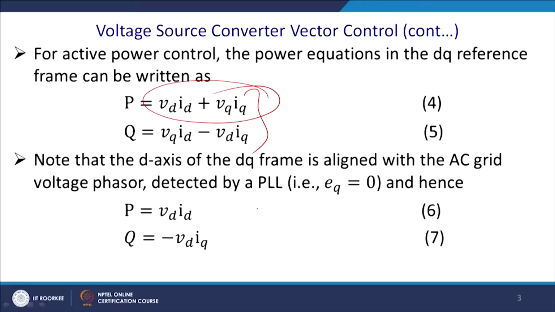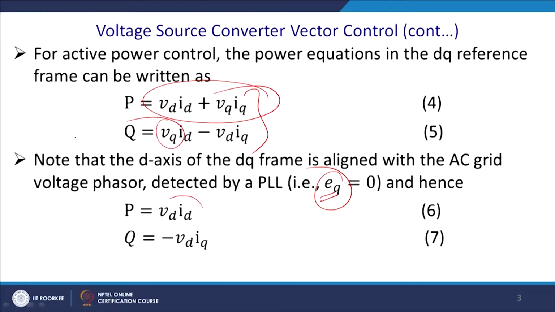So, if you are feeding unity power factor, which sometimes we prefer, then EQ will be 0, and thus VQ will be 0.